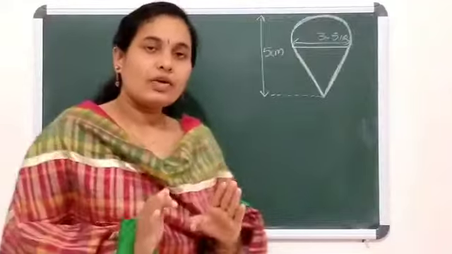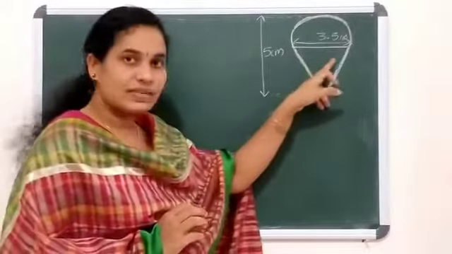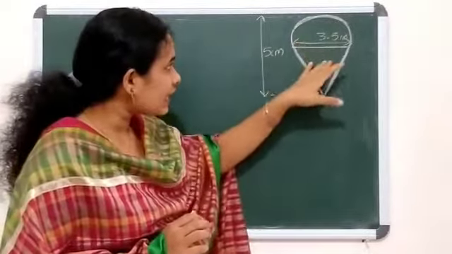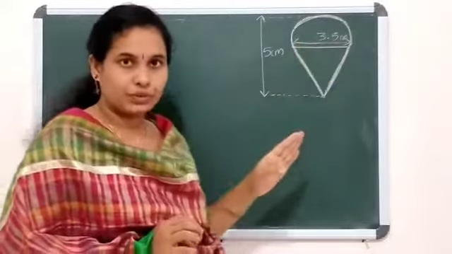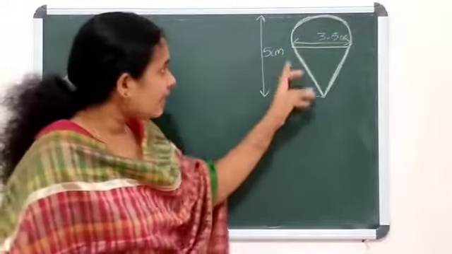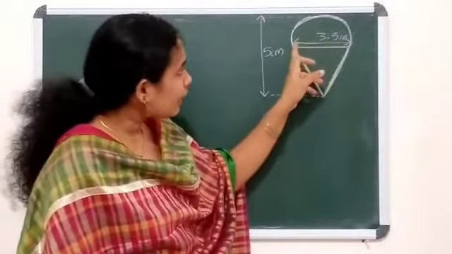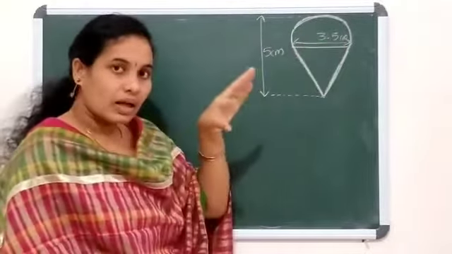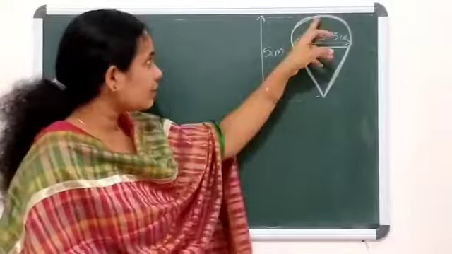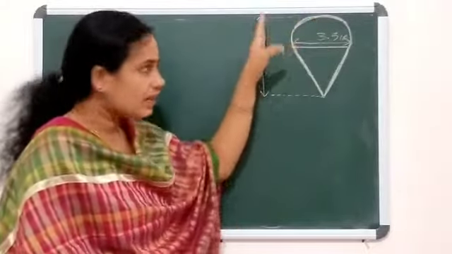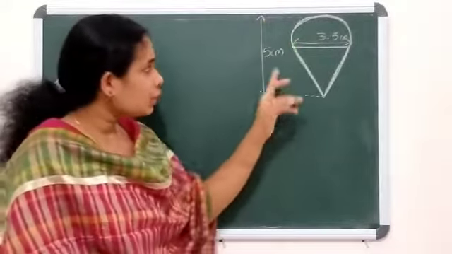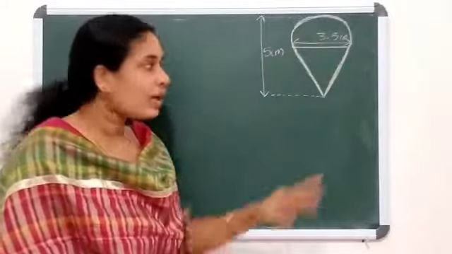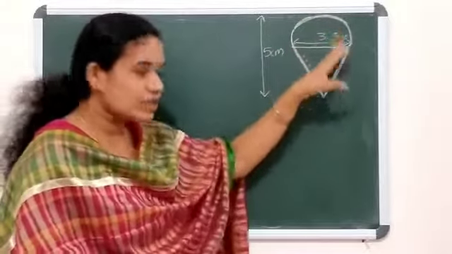Now we are going to find the curved surface area of this new solid form. It is given that the diameter of this hemisphere is 3.5 centimeter, and the height from the top of the cone to the base of the hemisphere is given as 5 centimeter. Two measurements are given.